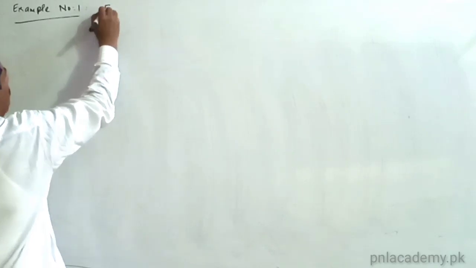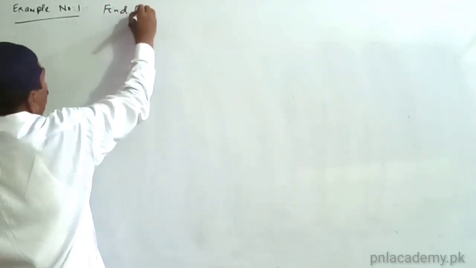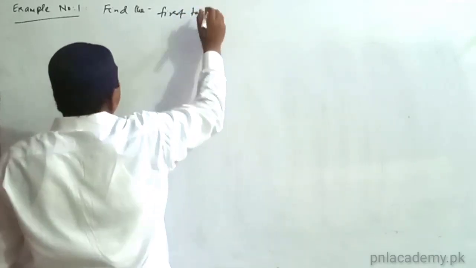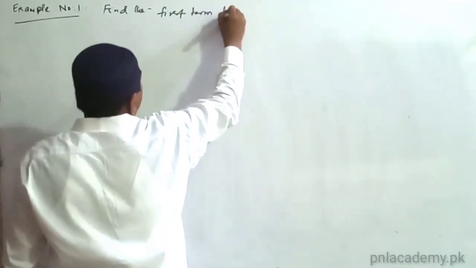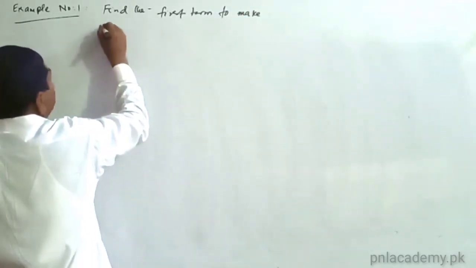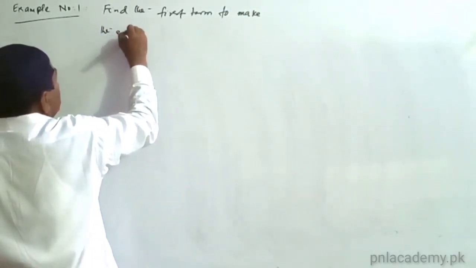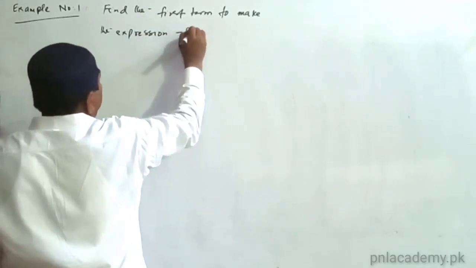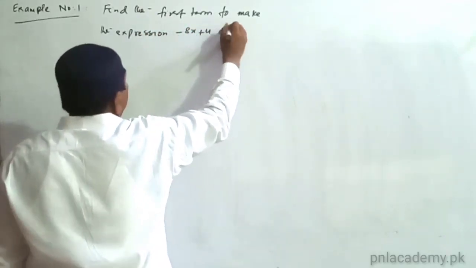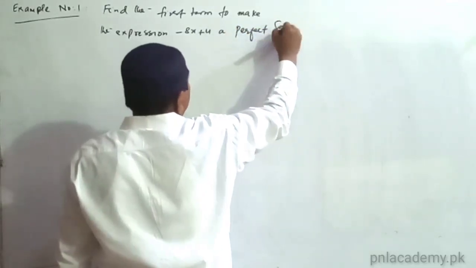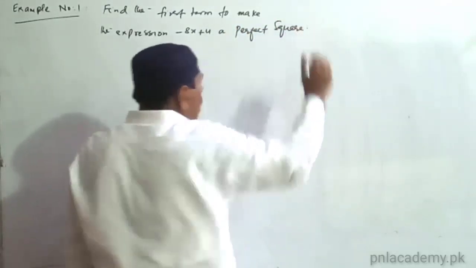Find the first term to make the expression minus 8x plus 4 a perfect square.